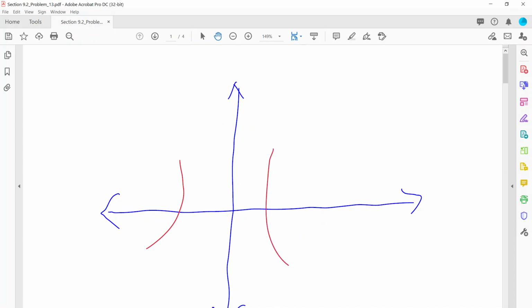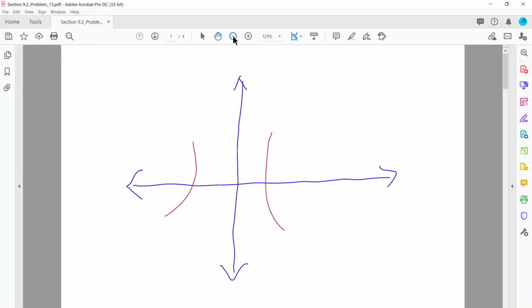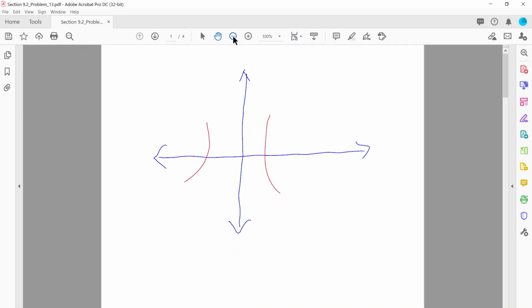So this is the origin, and this is the hyperbola. My hyperbola is not perfect, but you can make it, a hyperbola with center at origin.